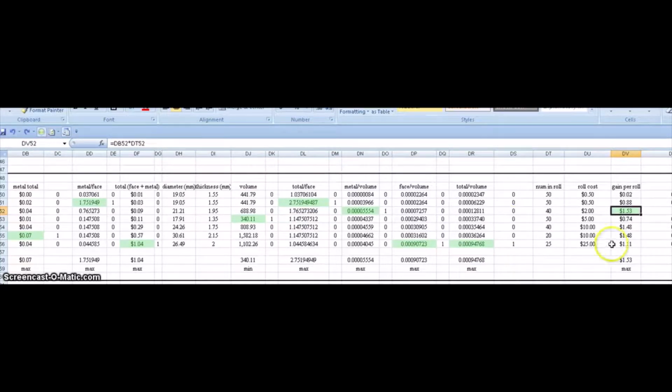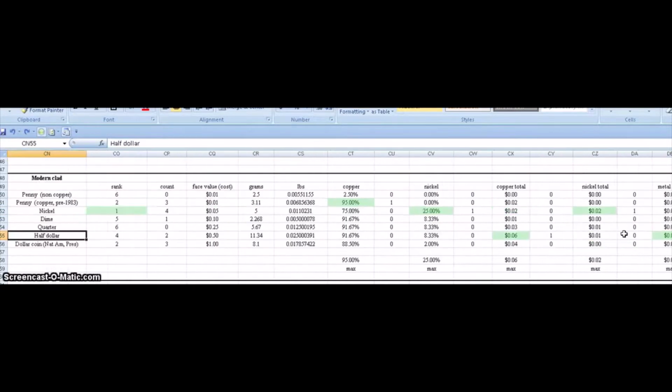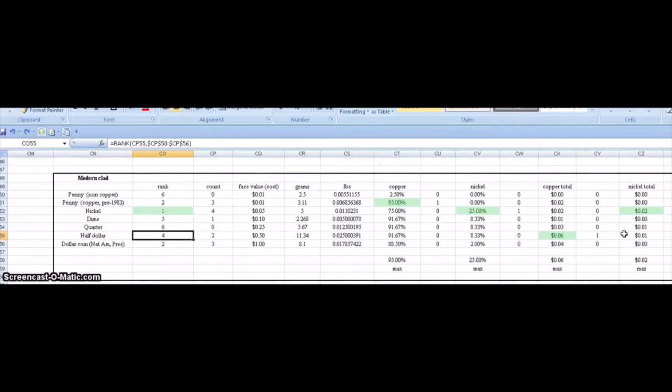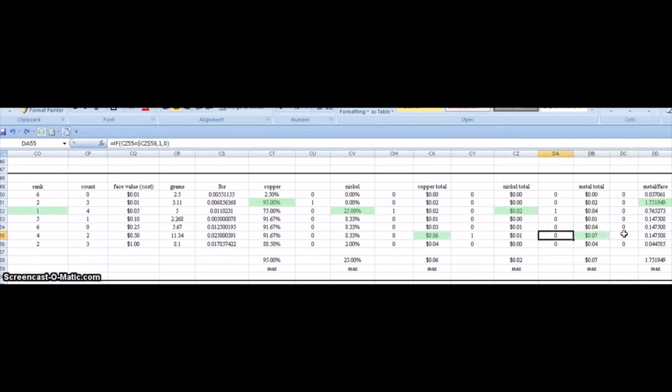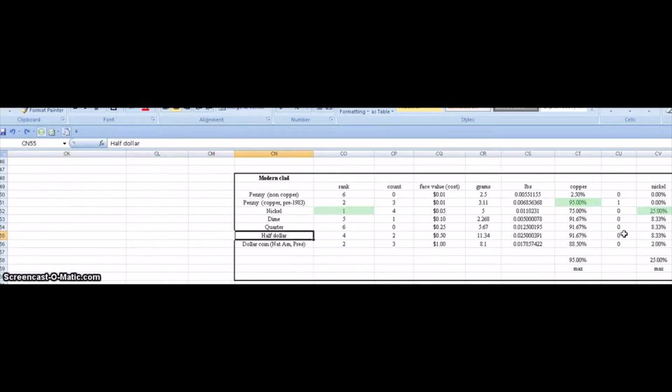Now for gain per roll, the half dollar is pretty close. But it has a high copper total and a high metal total, but everything else is not that high.